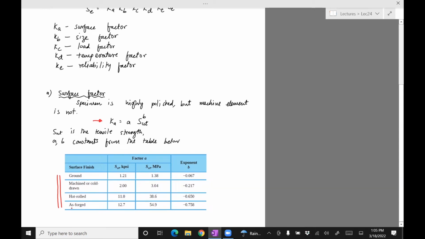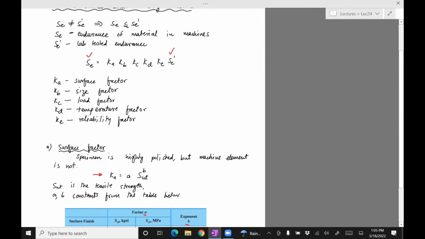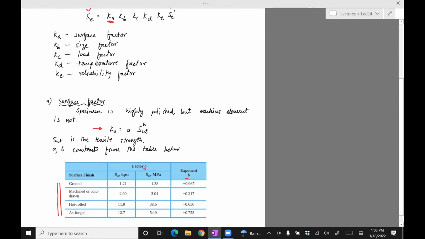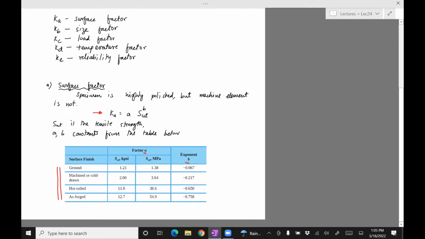There are 4 of them, and that will give you the surface factor A and the exponent B. Once you have A and B, you put them in that expression and you have a K. Then you put that K over here, and that will tell you the new Se, which is going to be less than Se prime.